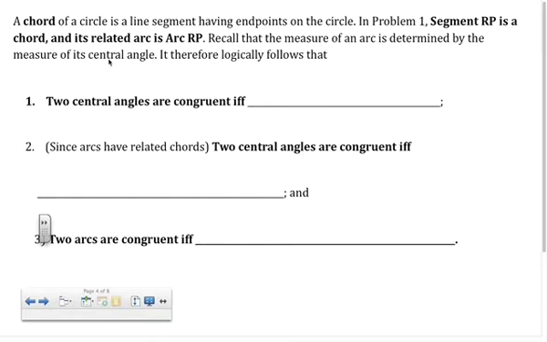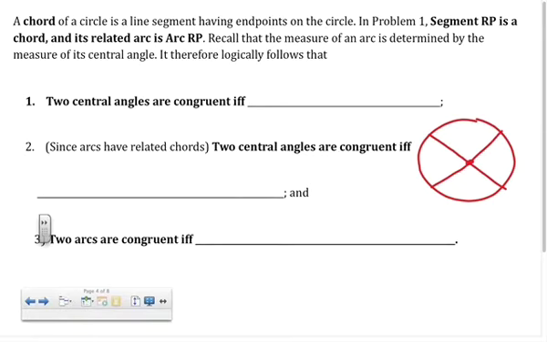So if I have two central angles that are congruent, you don't have to sketch this. If that's the center of my circle, then I know that all of the angles in that diagram are central angles.